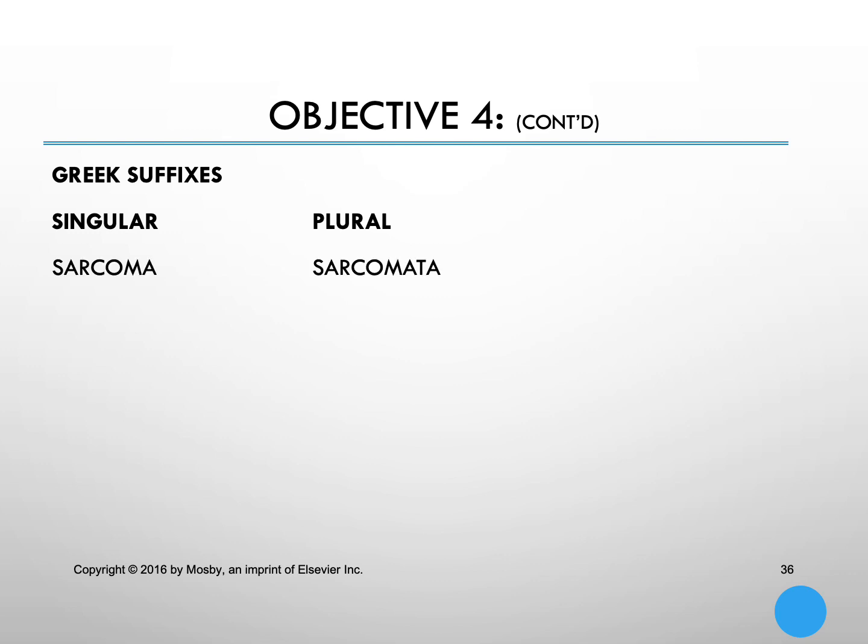So let's look at some words. Sarcoma, remember the ending is MA for the singular form. If it's more than one tumor of the flesh, we refer to that as sarcomata. Pharynx, all right, like I gave the phalanx is the bone of the finger that changes to phalanges. Here we have pharynx changing to pharynges.